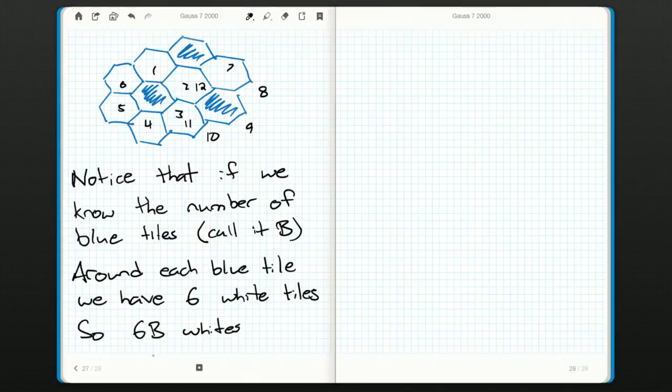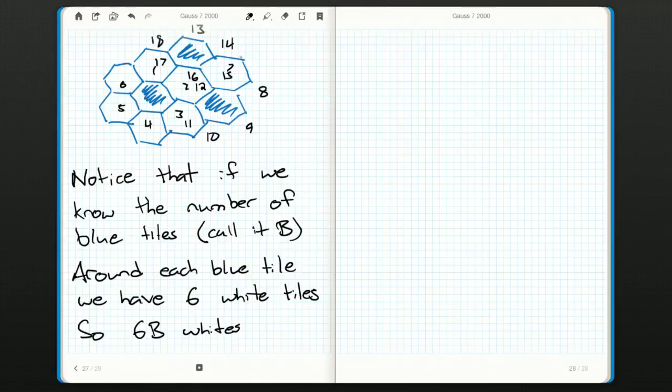So if we were to just say 6 times the number of blue tiles, we would get a ratio of 1 to 6. But that's wildly out of proportion because tiles are being counted multiple times. So this white tile in here, how many times is he going to be counted? He's been counted twice, and then I would go, okay, this blue tile, 13, 14, 15, 16, 17, 18.